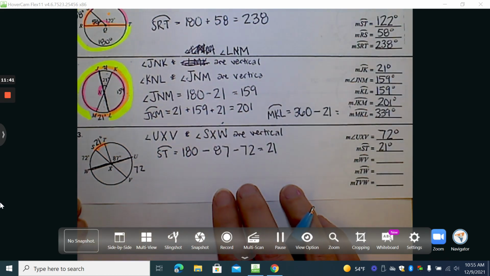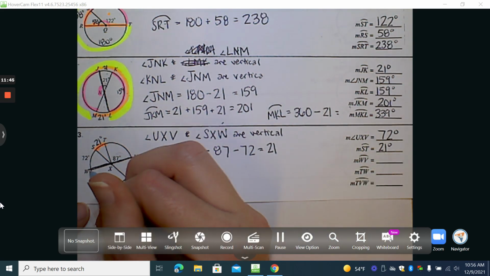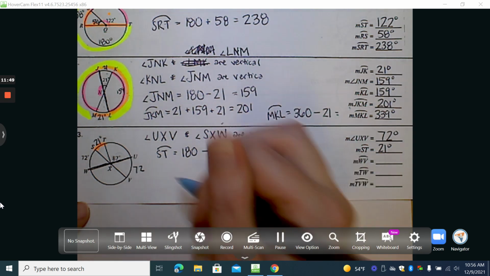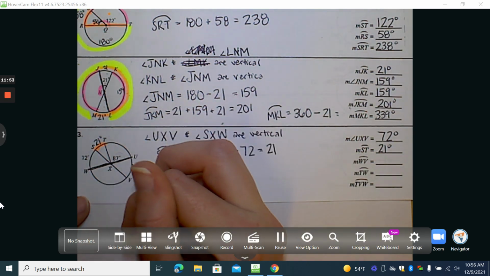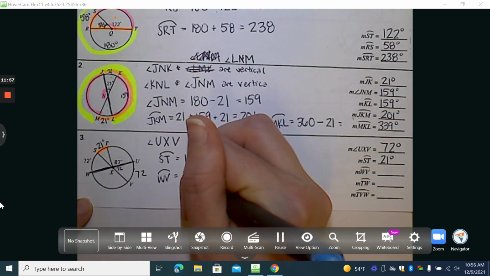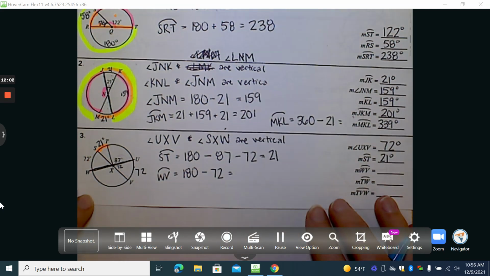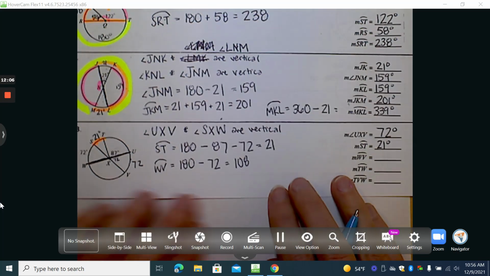All right, the next one, WV. Well, WV is right here. I can kind of do the same idea with that straight line. WV, I know this is 72, and they make that straight line, so I'm going to take 180 minus 72, and it gives me 108 degrees.